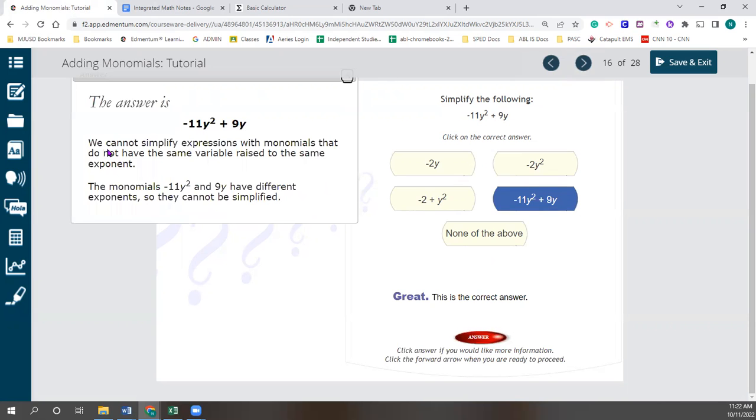Correct answer. It says we cannot simplify expressions with monomials that do not have the same variable raised to the same exponent. The monomials negative 11y squared and 9y have different exponents, so they cannot be simplified.